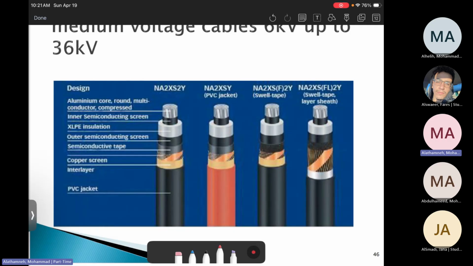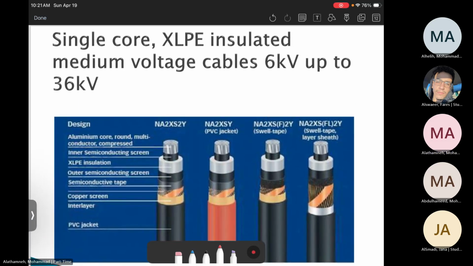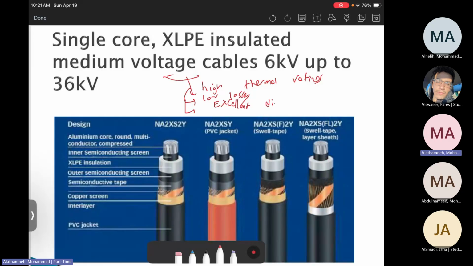The advantages are that it has high thermal ratings, which means it can handle higher power, it has low losses, and in addition to this, excellent dielectric strength.